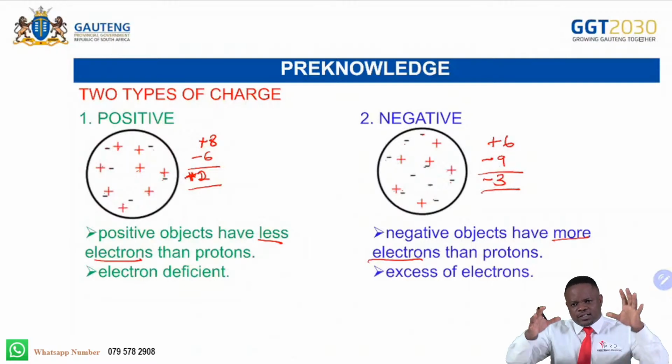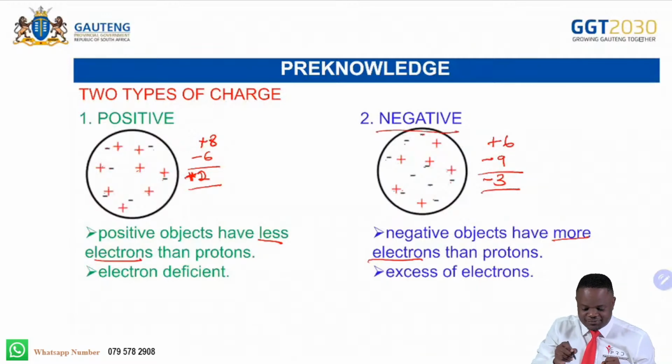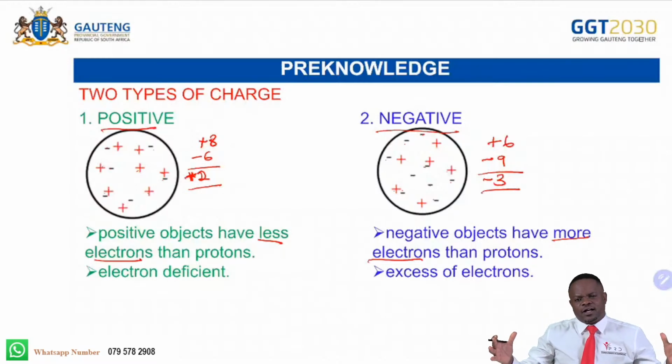And then in our concept of electrostatics, there are forces that exist between charged objects, and these forces can be repulsive or attractive. Objects that have opposite charges, like the negatively charged and the positively charged objects, experience attractive forces.